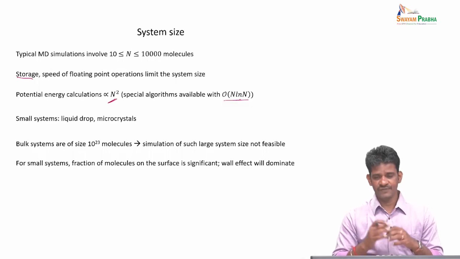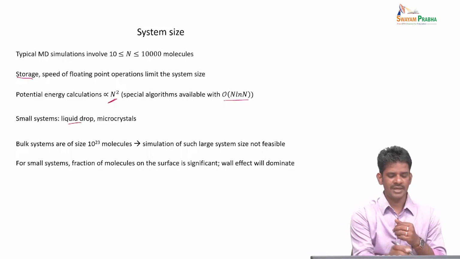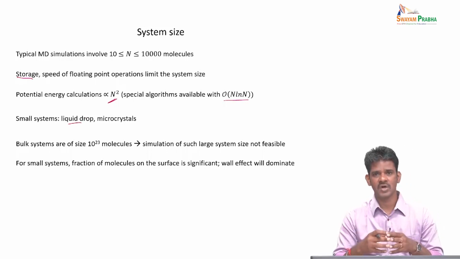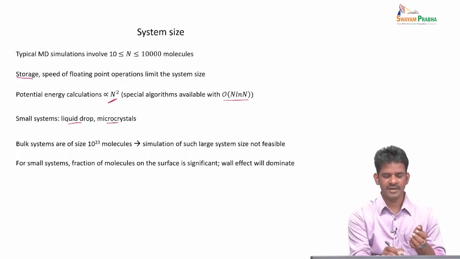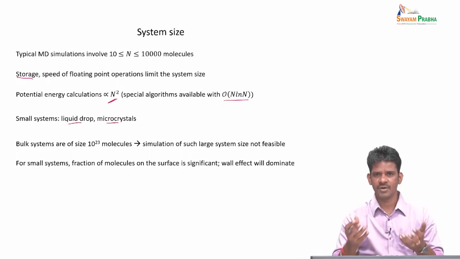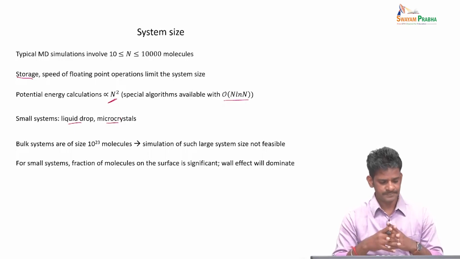Given that we have a limitation on the system size that can be studied in a computer, what kind of physical system can we simulate with such a small number of particles? If you consider a very small liquid droplet, maybe a picoliter or attoliter volume droplet, where the number of molecules itself is very small, or a very small nanocrystal or microcrystal which has a few thousand atoms, then you can immediately study such small systems.